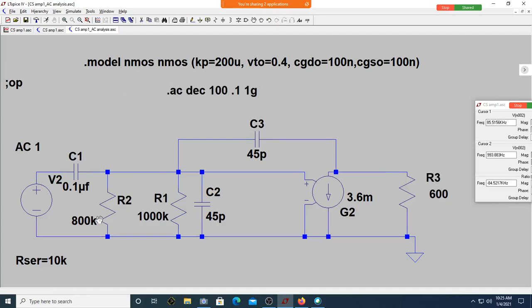Is it fine now? So we have R1, R2 as 800K, 1000K, 0.1 microfarad, the AC source, and 45 picofarad, 45 picofarad. If I do the frequency response of this, I should get exactly the same frequency response that I had earlier. You can see this is not relevant. You can even remove that .model file because there is no MOSFET present in your circuit.